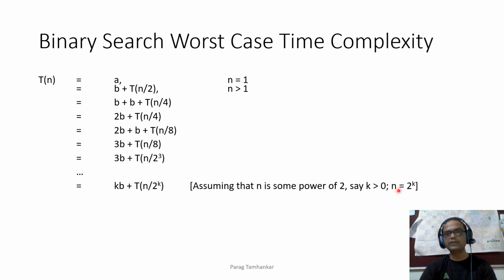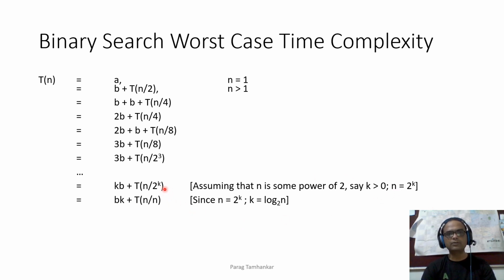And 2 raised to k, we have assumed, is n. When we have the third power of 2, we have 3b. So for the kth power of 2, it is kb. Instead of 3b, it is kb. Now kb can always be written as bk.